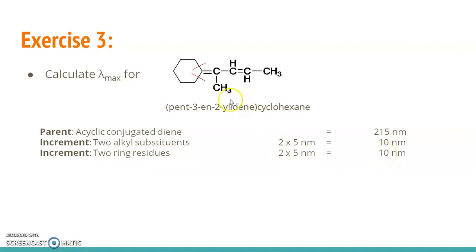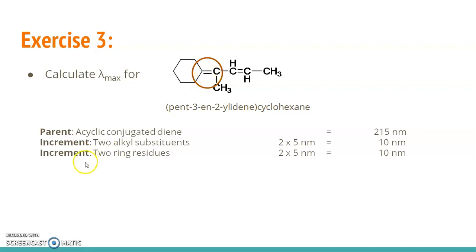I was talking about the bond if it is not within the ring system, but if it is outside the ring system and one of the carbon atoms involved in the double bond is attached to or is a part of the ring system, then we call that particular double bond an exocyclic double bond. I have mentioned it here.